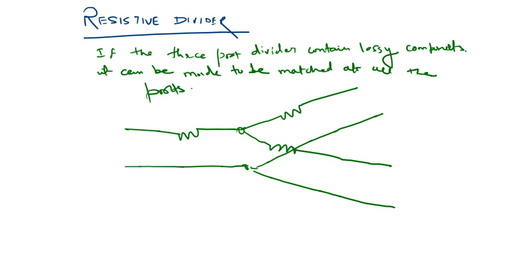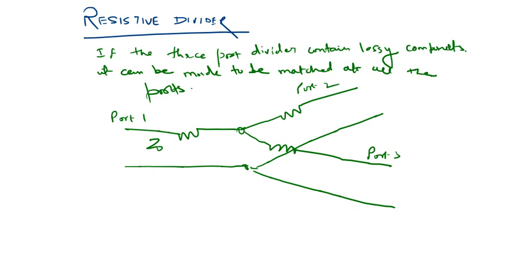Here you have Z naught. This is port 1, this is port 3, this is port 2.